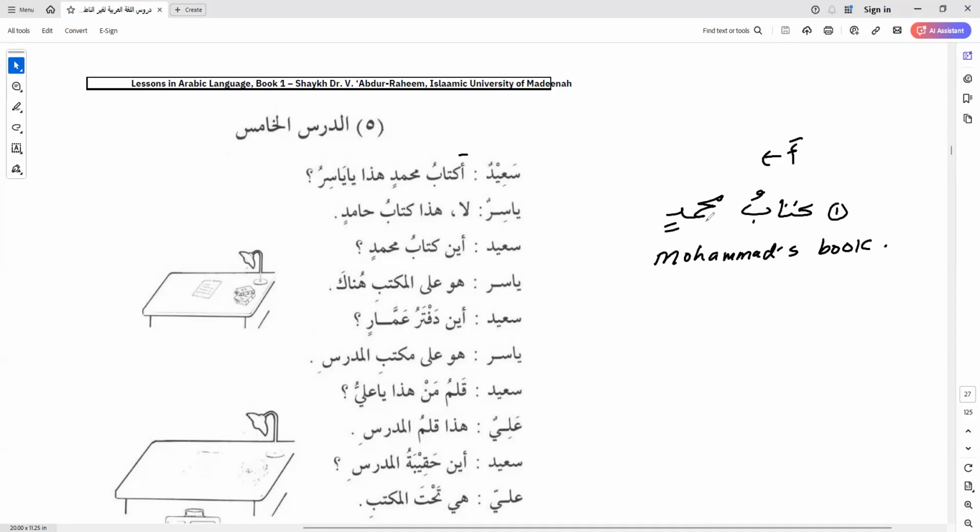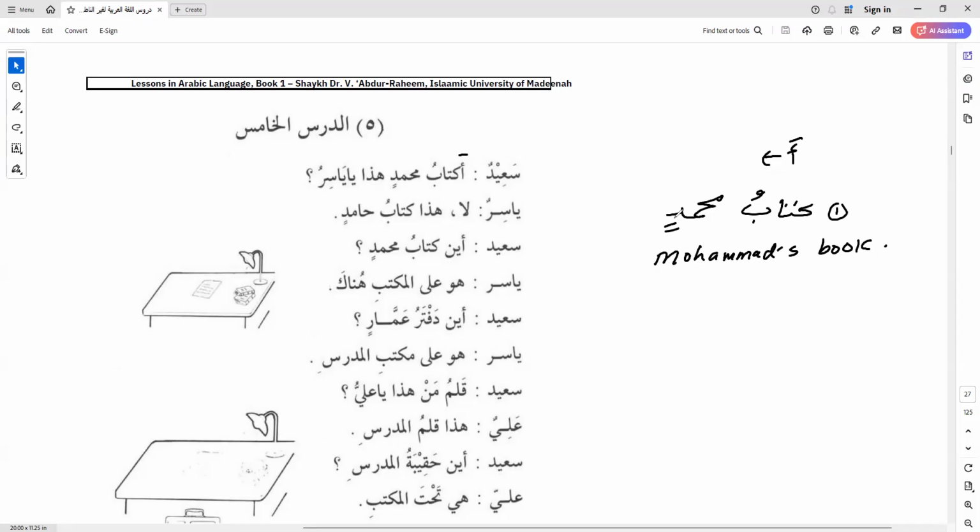Now, compare the English possessive structure with the Arabic possessive structure, Muhammad's book. So you see that Arabic doesn't use apostrophe S, but rather Arabic does possessive by rearranging two nouns, the possessor and then the item that the possessor possesses.